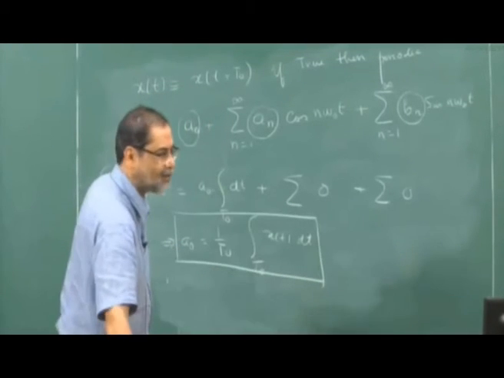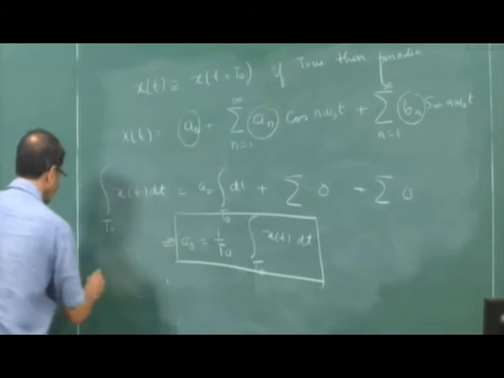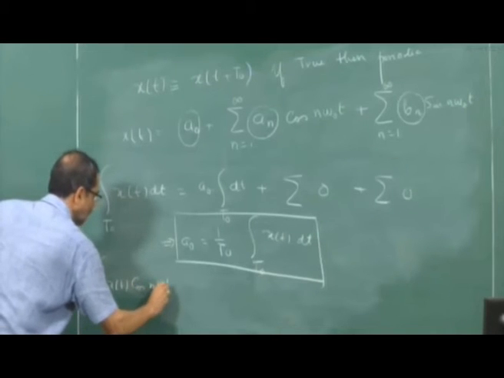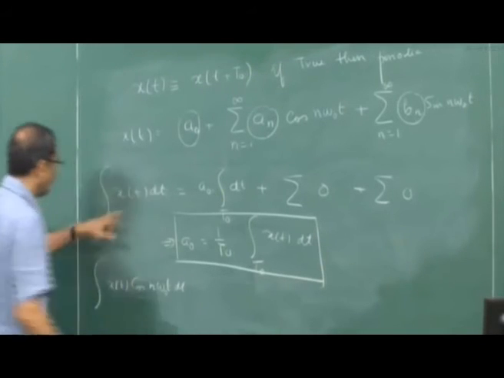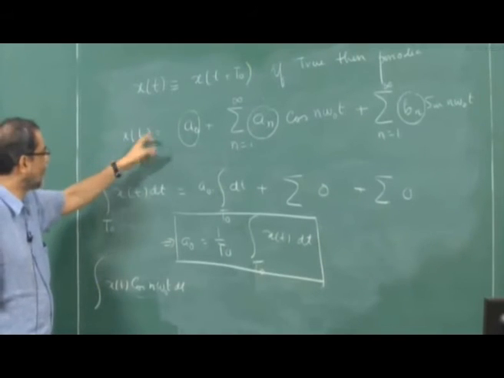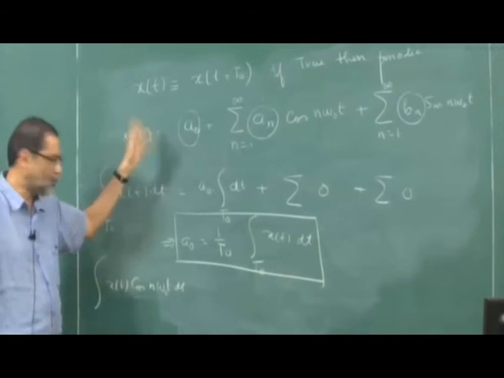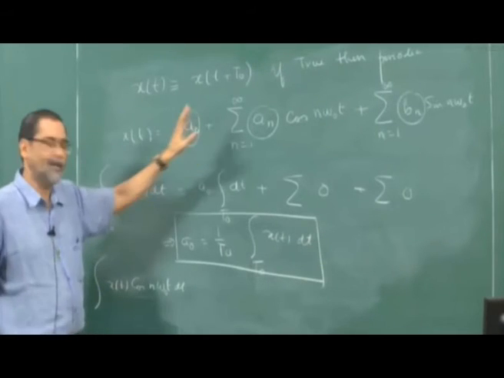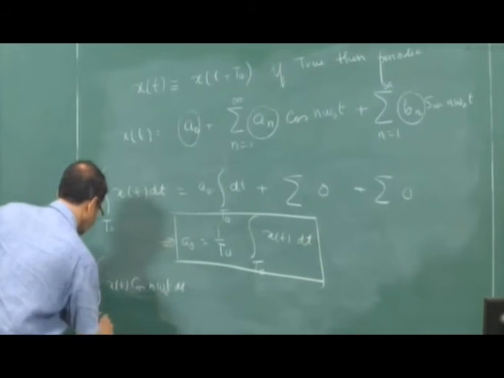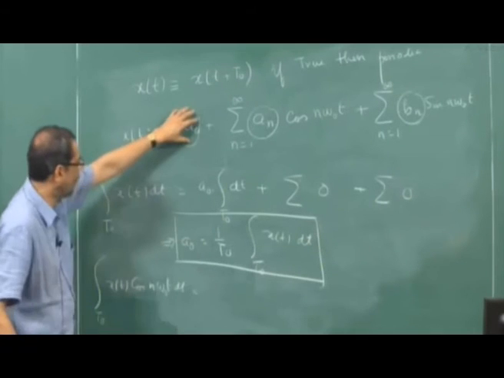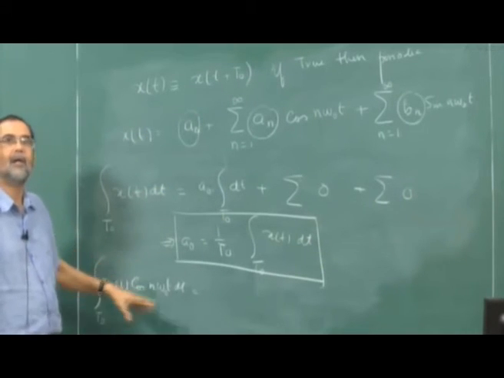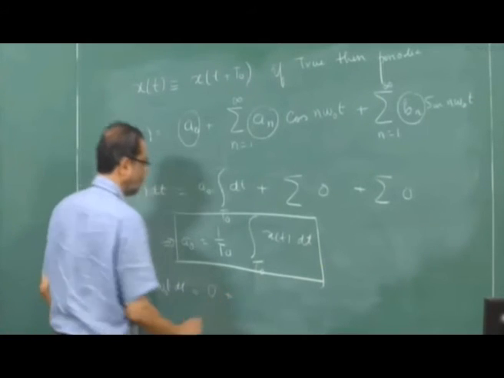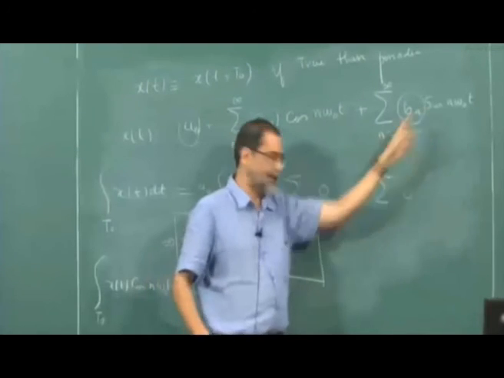Now for the second value, you carry out the integral of x of t cosine n omega naught t dt. You take x of t, multiply both sides by cosine n omega naught t and integrate over a period. The a naught term, a naught into cosine n omega naught t, by the properties I described before, will integrate to 0. Cosine and sine integrate to 0.